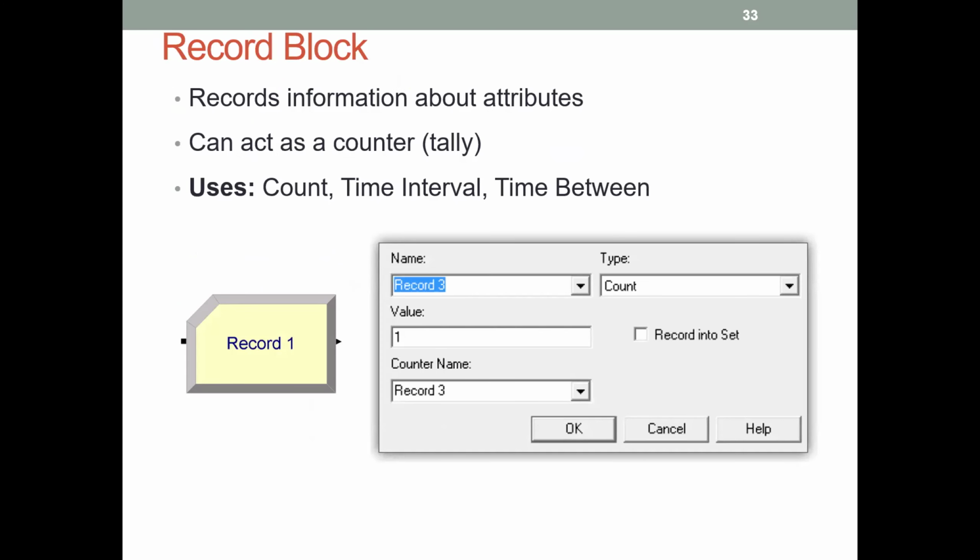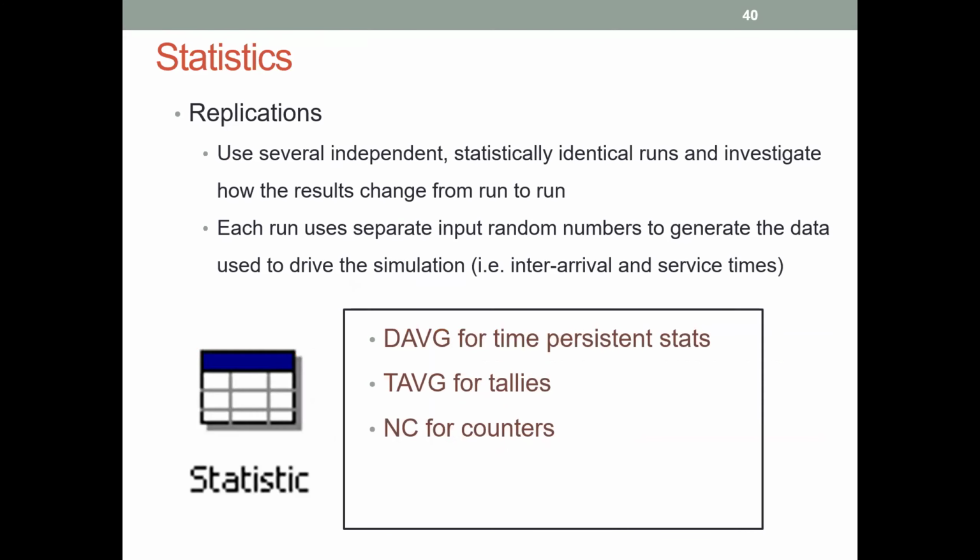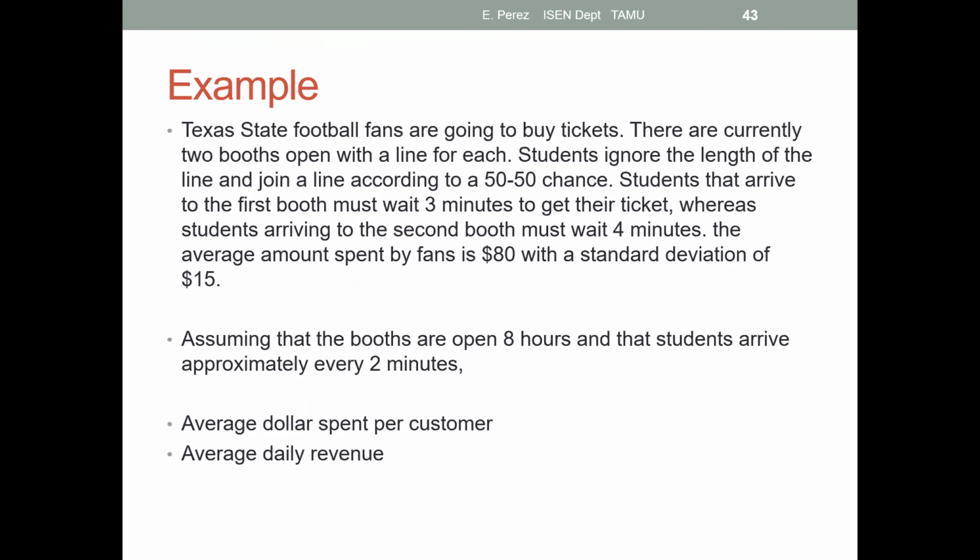Yeah, we are going to be using the record block as well to collect some tallies from our daily performance. So that's another thing that we are going to do today. What else? Make sure that, yeah, other than that, I think the rest of the logic should be something that we have already done.